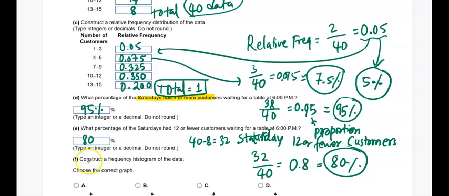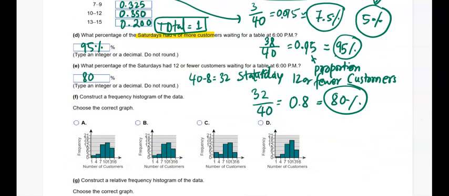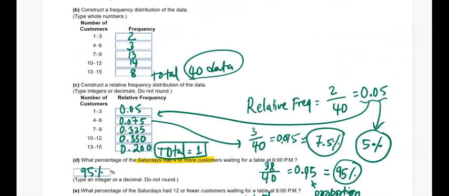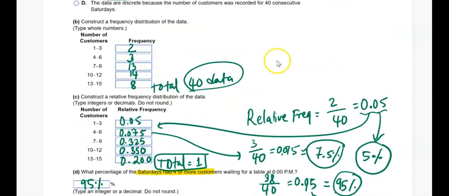Next question, construct the frequency histogram for the data. Again, for the histogram you have to check and match with this frequency, 1 to 3 is 2 frequency, 4 to 6 is 3 frequency, and so on.